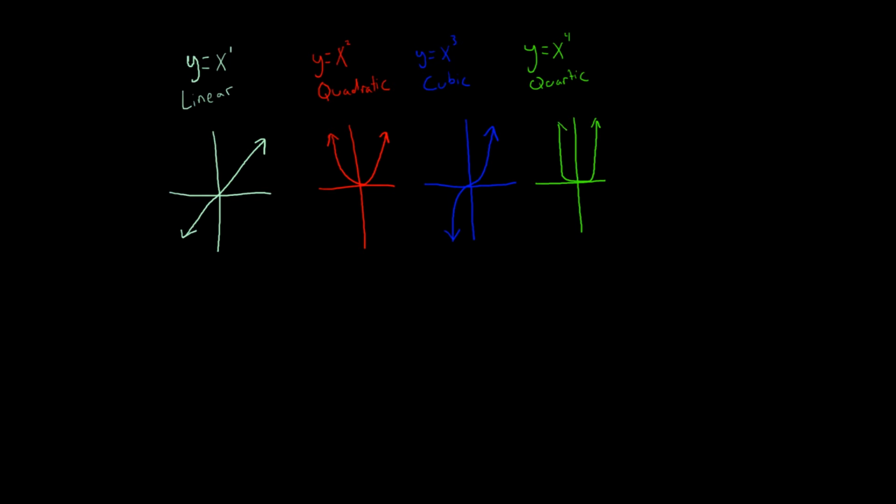It looks almost like it's squashed at the bottom. Then we're going to increase it once more to y equals x to the power of 5, and this is called a quintic function.